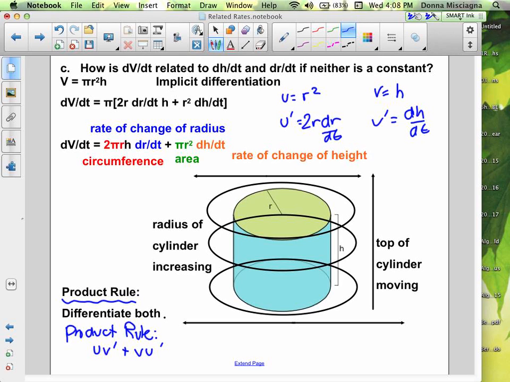So the derivative of, let's see if I can use the same colors here, the derivative of r squared is going to be 2r. But we're taking it with respect to time.